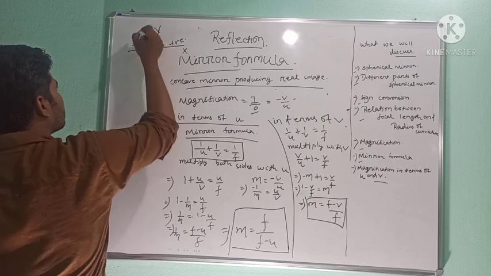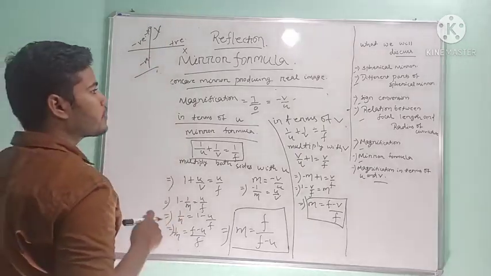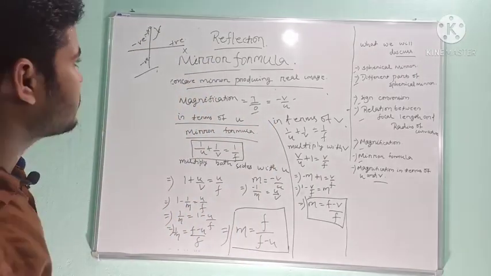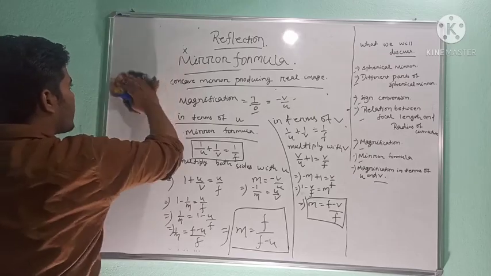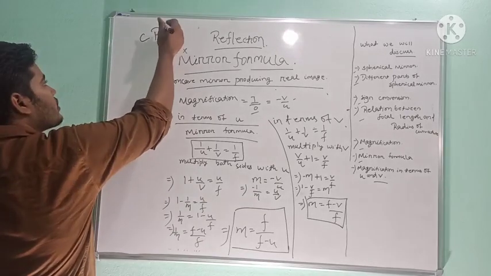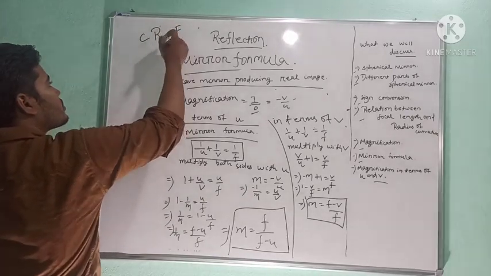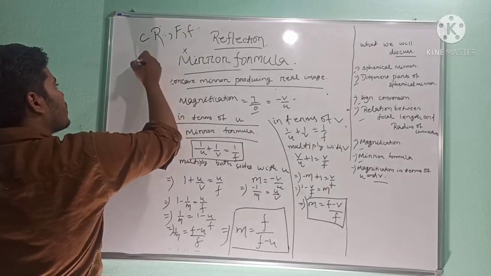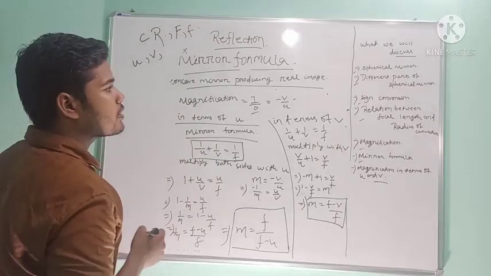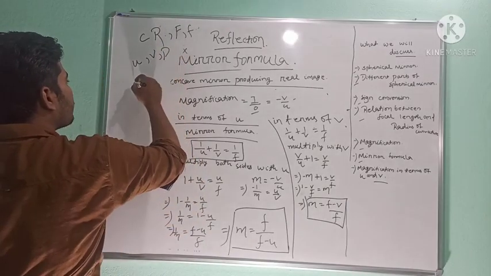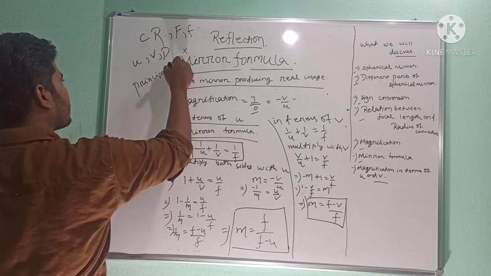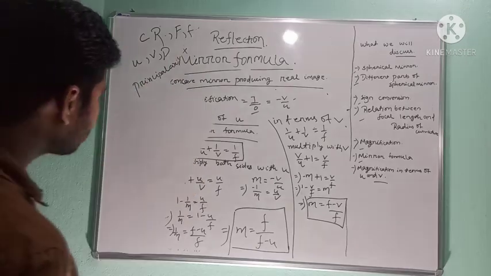Different parts of a spherical mirror that we have discussed: center of curvature, radius of curvature, focus, focal length, image distance, object distance, pole, and principal axis.